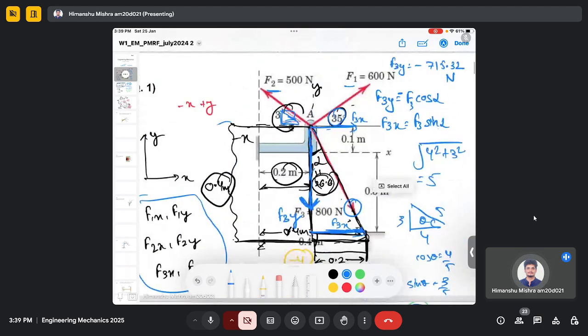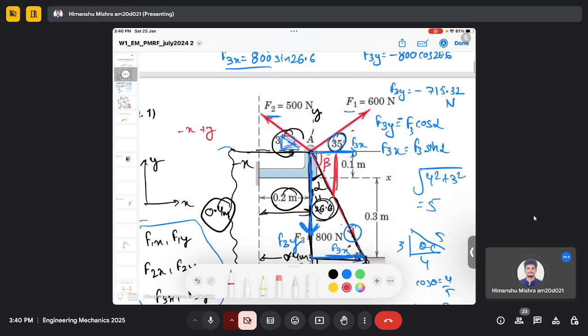In this problem we defined the angle from the vertical axis, but you can also define the angle, let's say beta, from the horizontal axis, and you can calculate beta from the sides of the triangle. And then from beta you can calculate f3x and f3y.